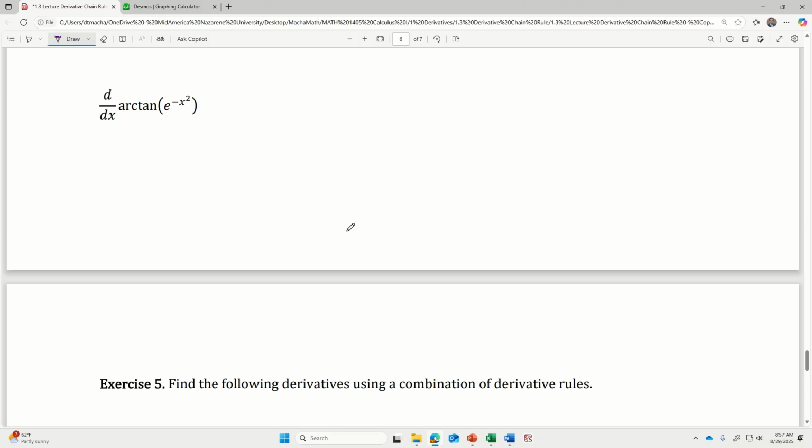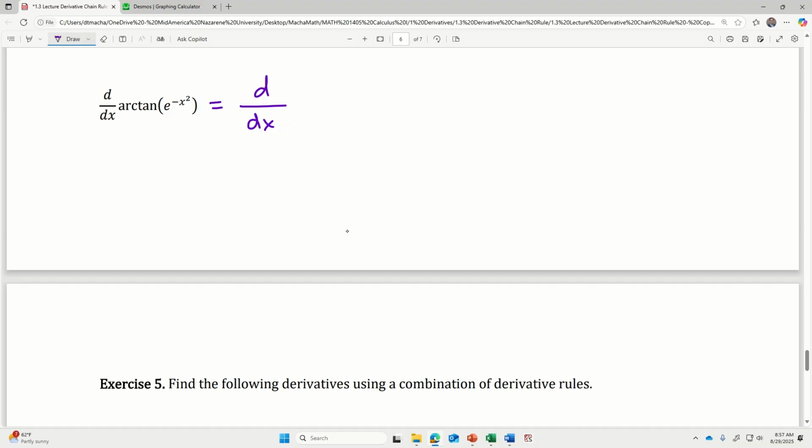All right, one more here. One more triple layer dessert. I try to keep my lectures rich with metaphor, from turduckens to onions. And we've got the derivative of arctangent of e to the power negative x squared.